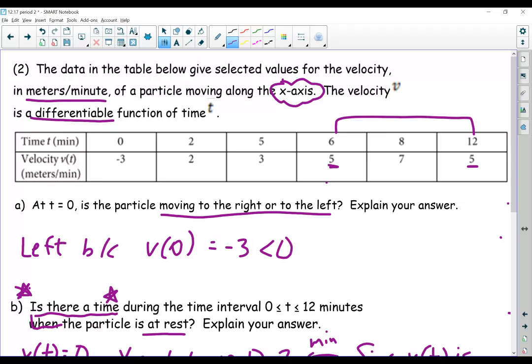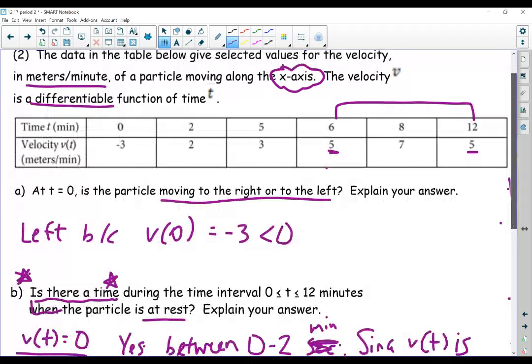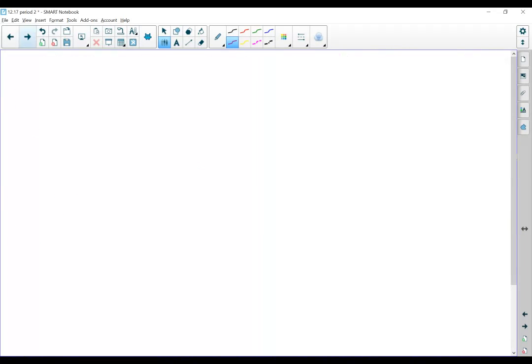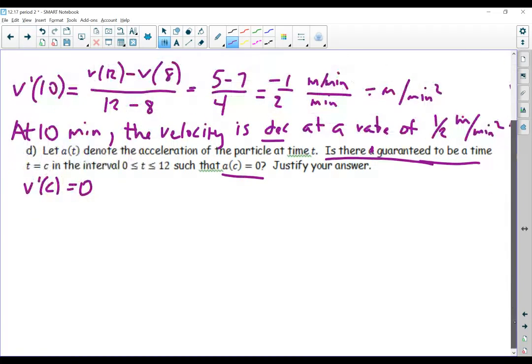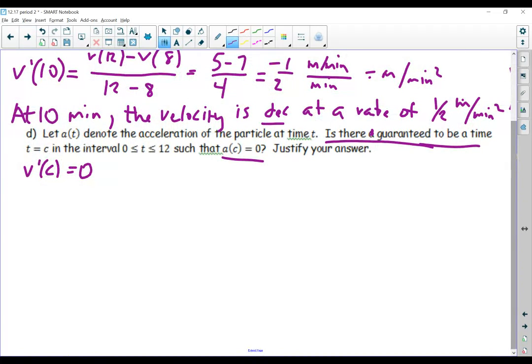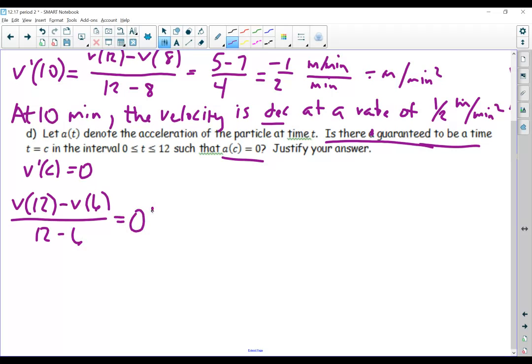And since 6 and 12 is between 0 and 12, it works in our situation. Okay, so here's how we're going to say this. We're going to say v of 12 minus v of 6 over 12 minus 6 equals 0 meters per minute squared. Okay, so that's like my work, the algebraic or numeric proof.